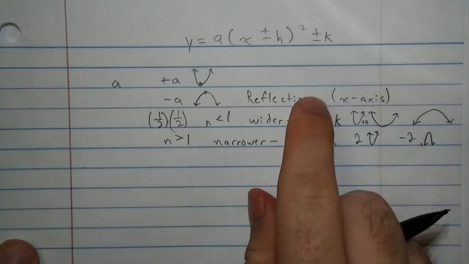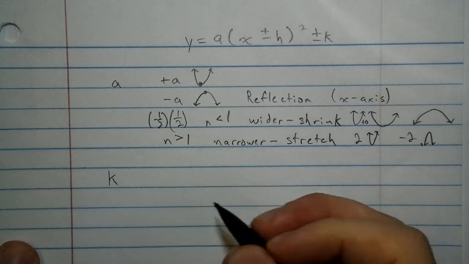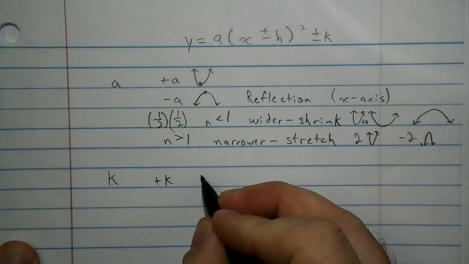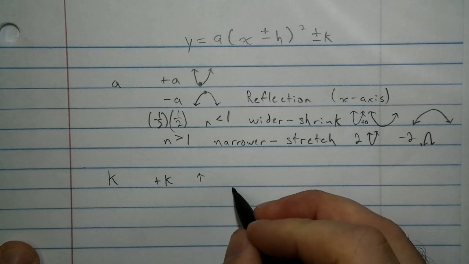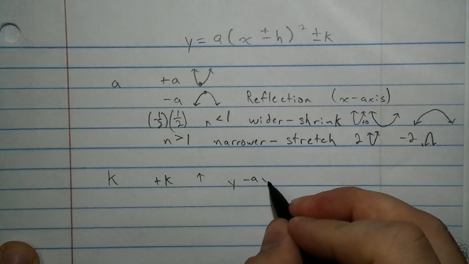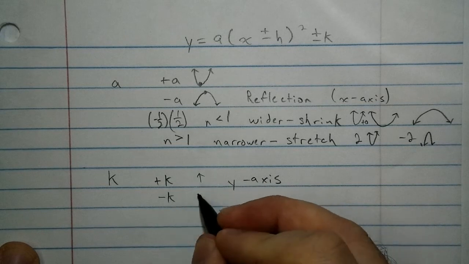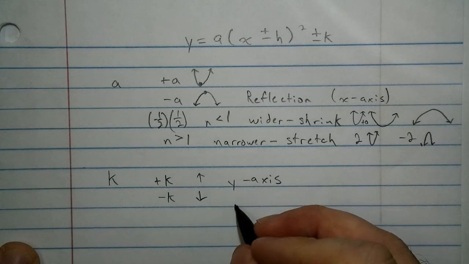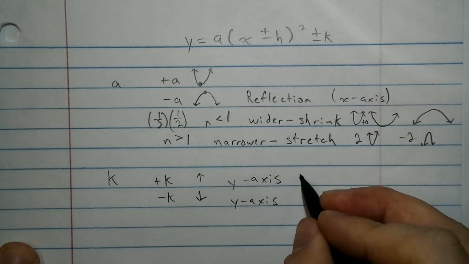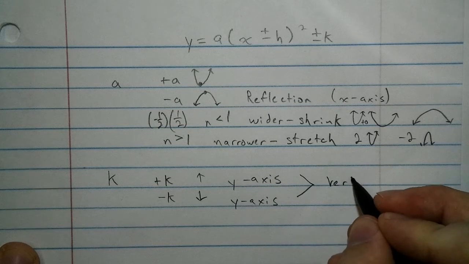Okay, now let's review K. When K is positive, if you had a plus K, you're going to move up. And remember, that is along the y-axis. If K was negative, so if you had a negative K, you're going to move down. That is also along the y-axis. Another way you may see this called is a vertical shift.